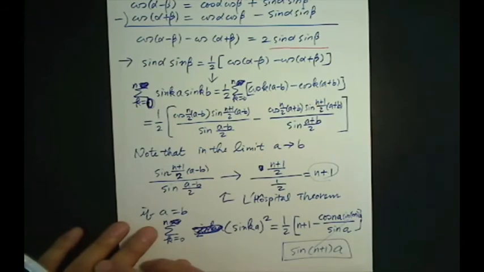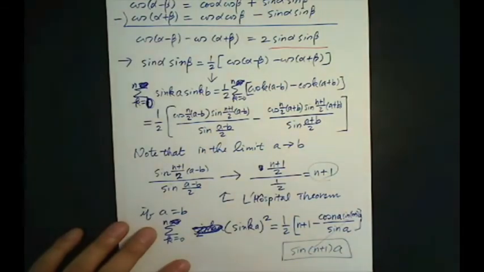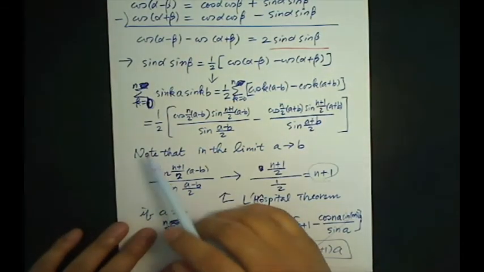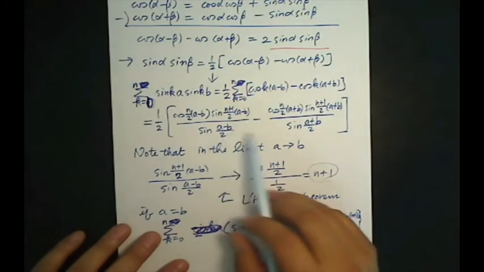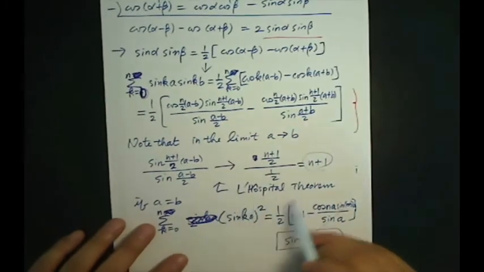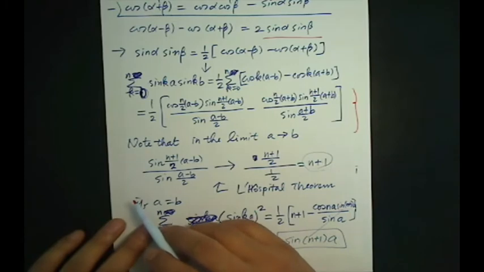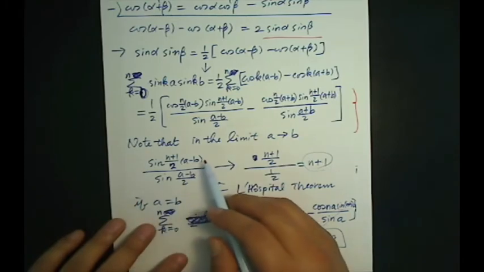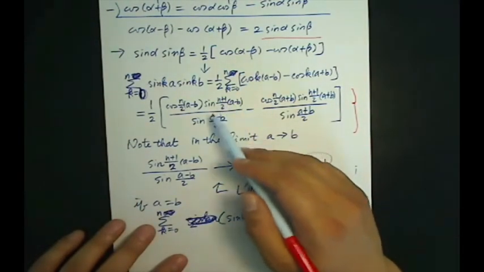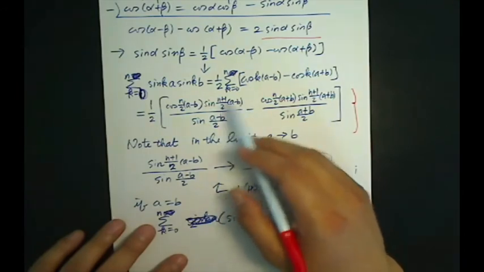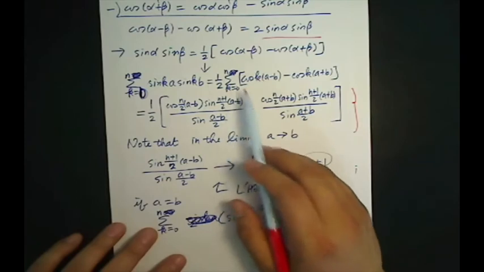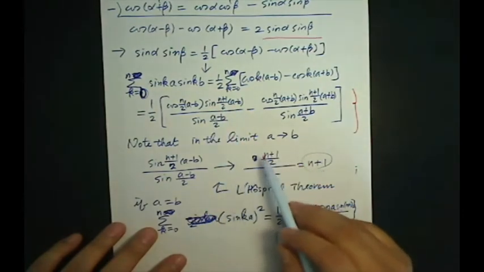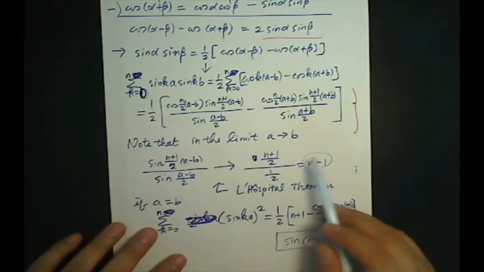In the special case, what we want to calculate is the case a equals b. When a equals b, we can compute this by making use of L'Hopital's theorem. In the limit a goes to b, the argument of the two sines becomes infinitesimal. Therefore, we take the derivative of the argument of both sides, and we find that it is n plus 1.